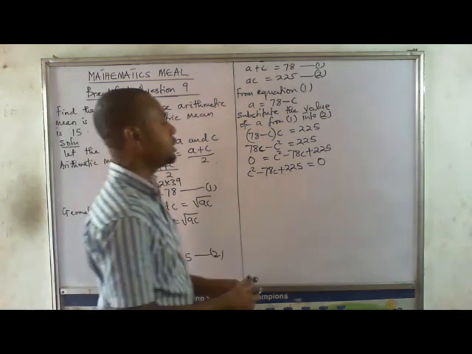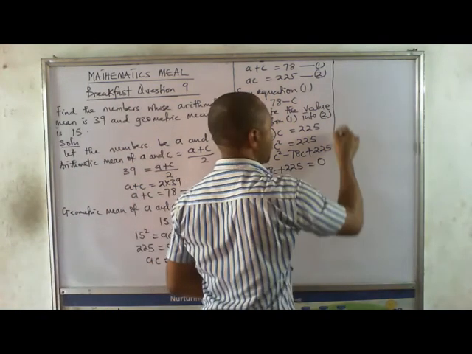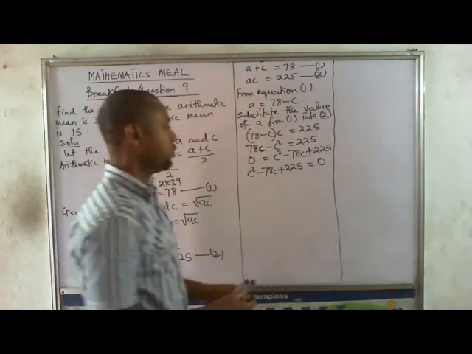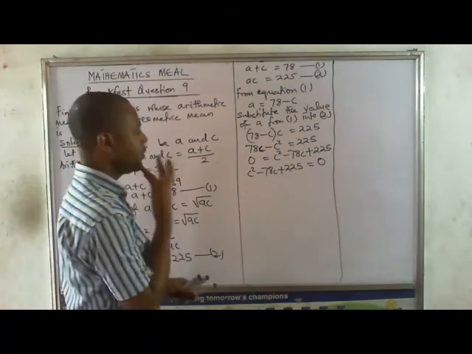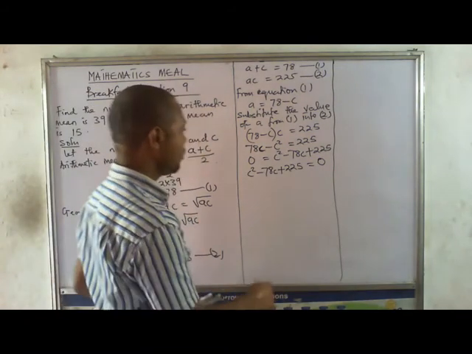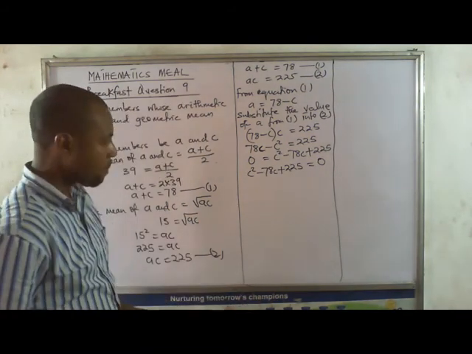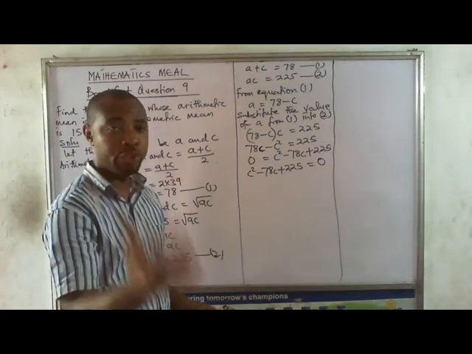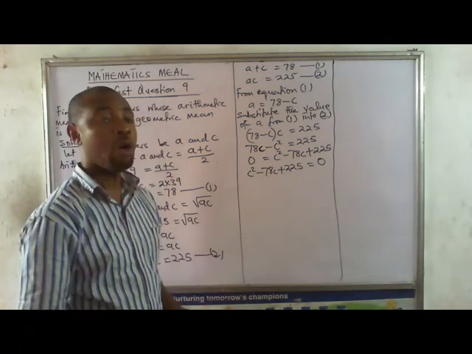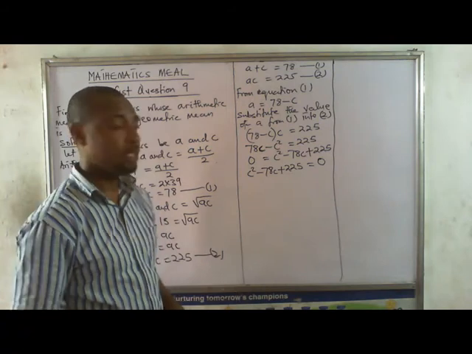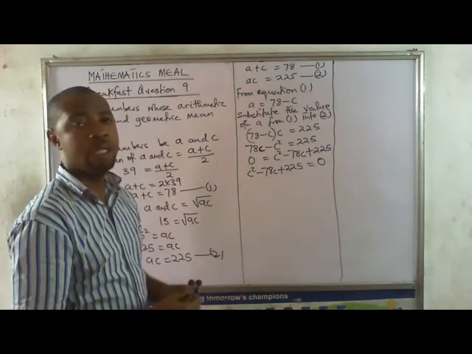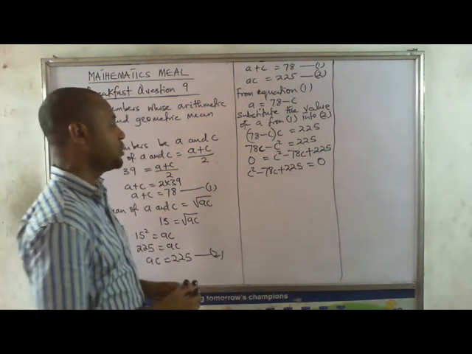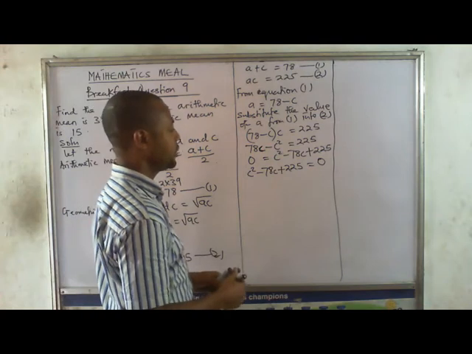So this is a quadratic equation now, which we need to actually solve. So let's solve for C. We can use the factorization method, the general formula method, or the completing the square method. Let's use factorization. It will simplify a lot of things for us. So let's go with the factorization method.